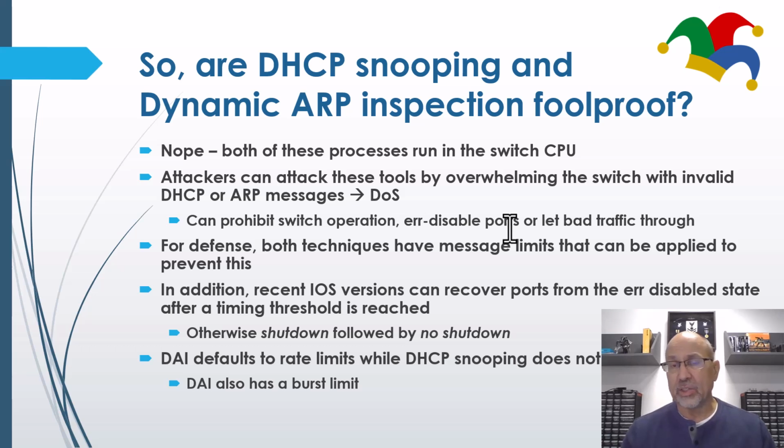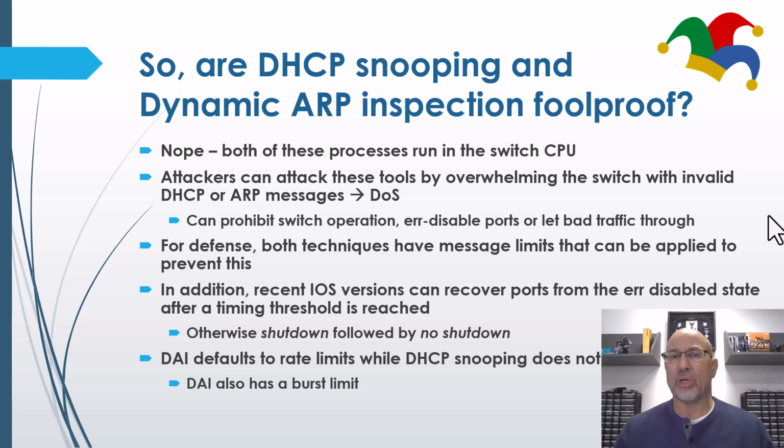Now to prevent this, what you can do is prevent an attacker from sending too much traffic by setting message limits on the amount of traffic. And when the threshold is reached, then we're not going to accept any more traffic on those ports. And what this does is protect the other traffic, the other ports. Now, in recent IOSs, this will actually do what port security does and has the potential to put ports in an error disabled state.